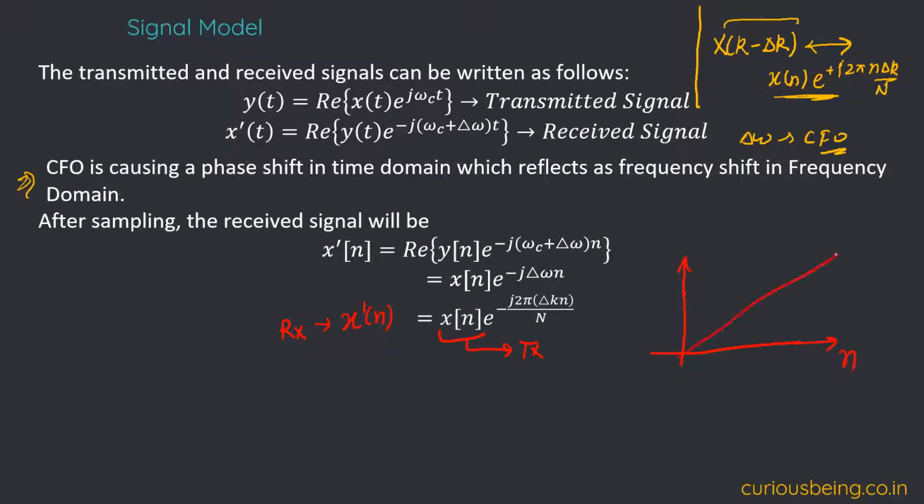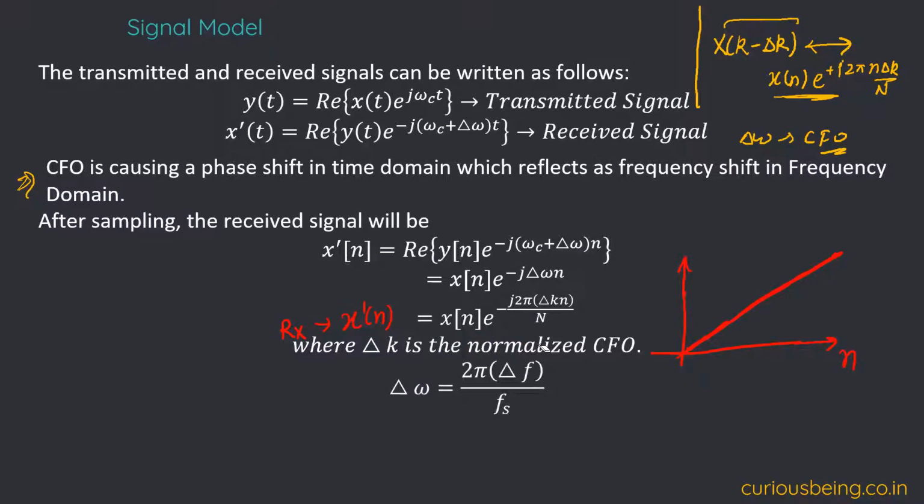It will be a straight line, or basically a linear phase variation, and the slope of that linear phase line depends on the amount of the CFO. Here delta K is the normalized CFO. By normalized CFO, we say that it is normalized by the sampling frequency. This is the important equation to characterize the CFO and to understand the behavior of the CFO, how the input and output are related.